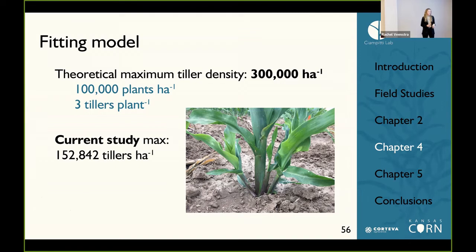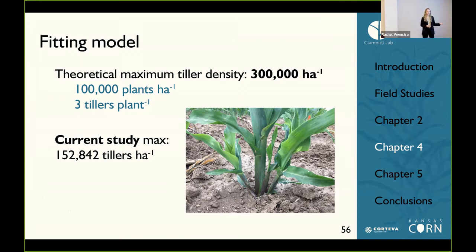For some context, though, the current study, the maximum that we saw was just shy of 153,000. So a little ways away from the 300,000 maximum, but that was good for us because that meant that we weren't constraining our model by selecting a bad maximum.